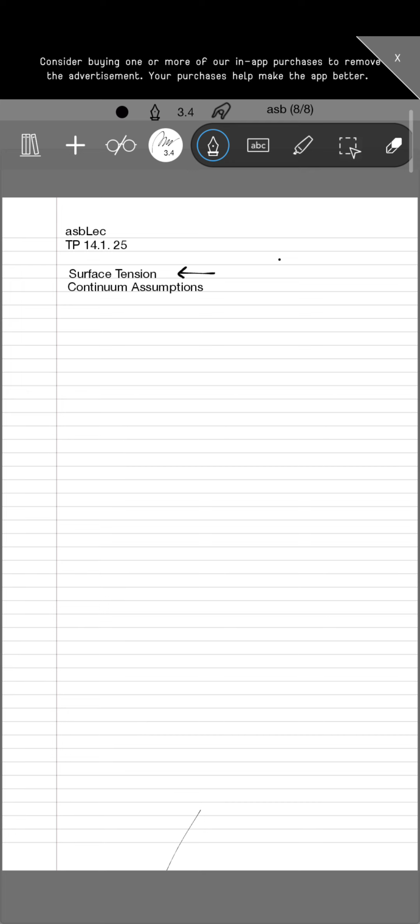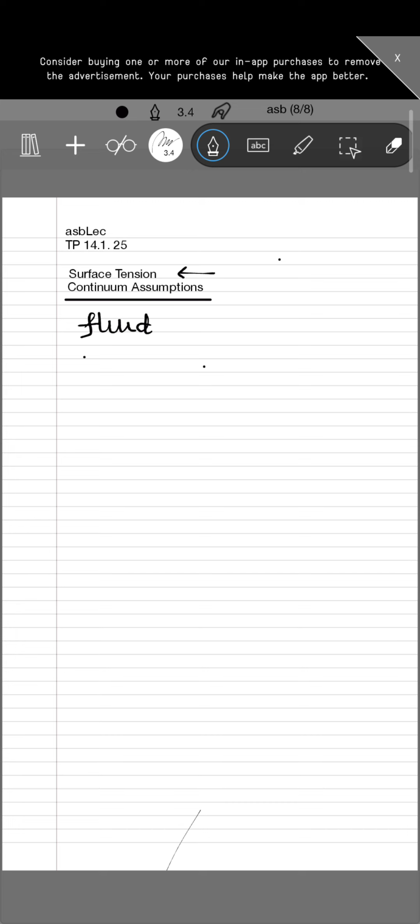Now before starting surface tension, we need to understand what is meant by the term continuum assumption. By continuum assumption, it means that we are treating the fluid as a continuous medium, as continuous and homogeneous matter.